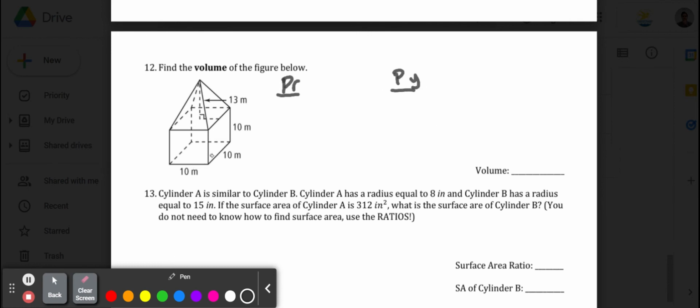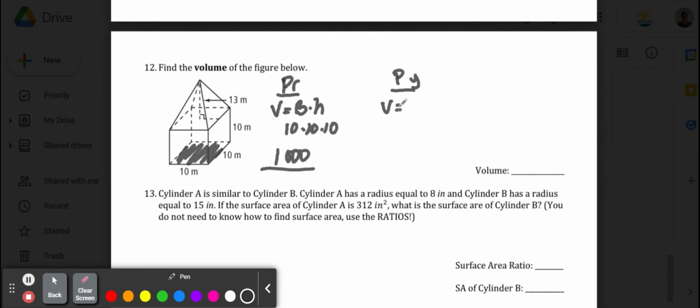Prism is really easy. The base figure is this 10 by 10. So big B is 10 times 10, and then the height is also 10. So it's literally just 10 times 10 times 10, which is 1,000. The pyramid has the same base of 10, but a height of 13.